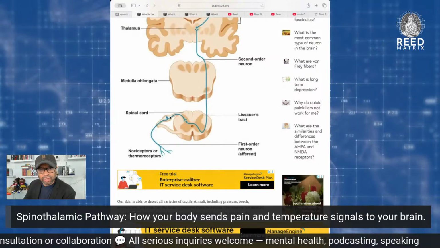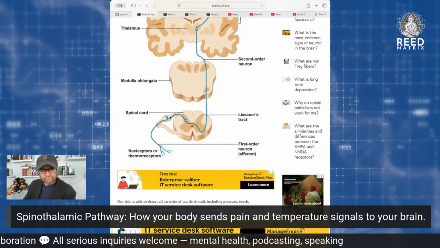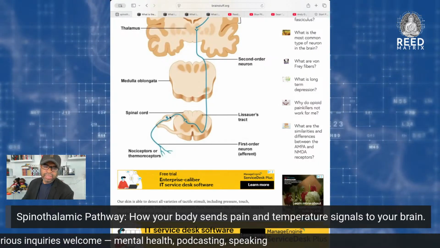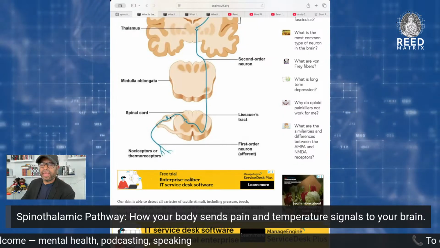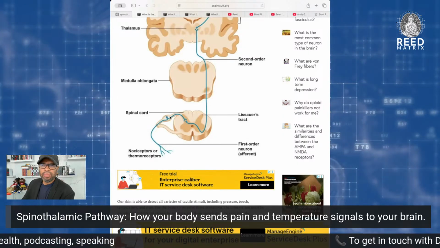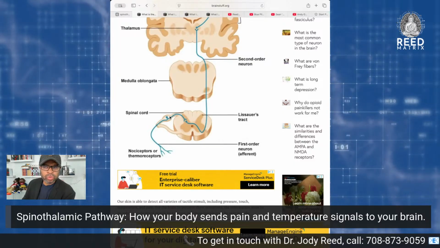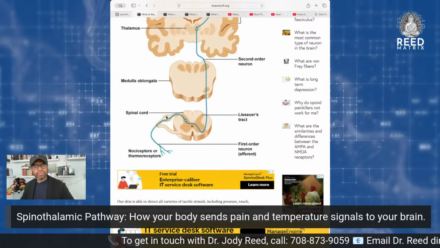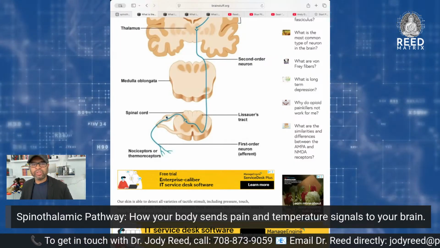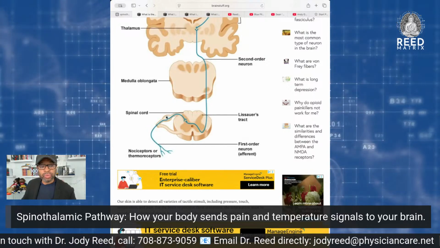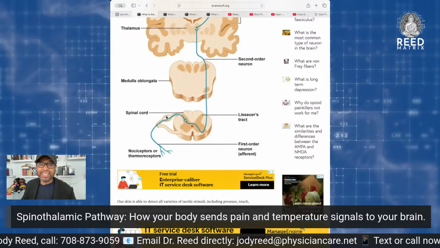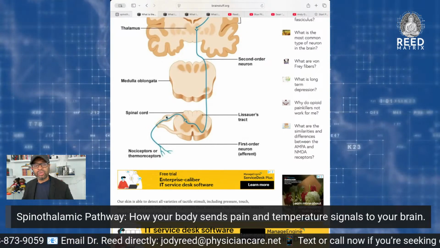So we want to decrease the afferent signals going into the spinal tract. If we decrease the afferent signals, then that helps decrease the intensity of the pain. So in psychiatry, we don't treat pain disorders, we're not pain specialists, but we use our tools to help decrease the afferent signals going into the somatosensory cortex.